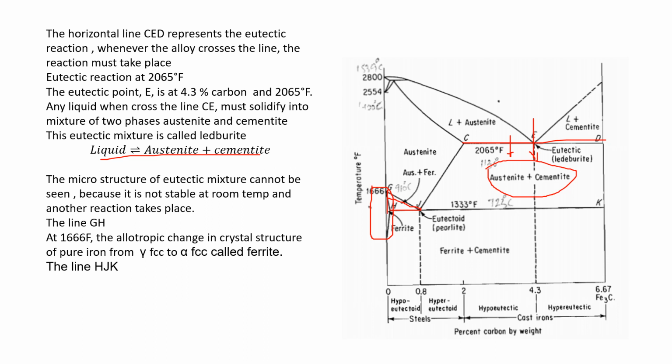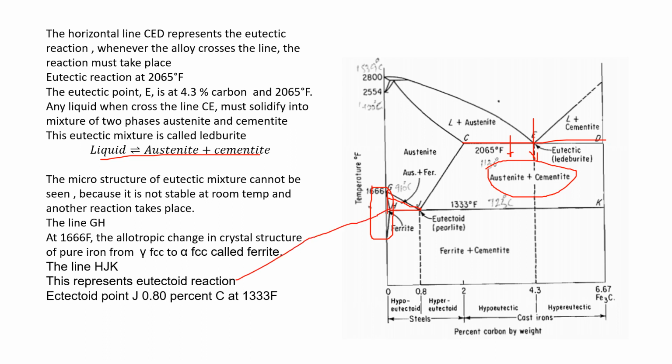The small triangle H, J and K, what does it represent? Within this region austenite and ferrite are present. This represents the eutectoid reaction.